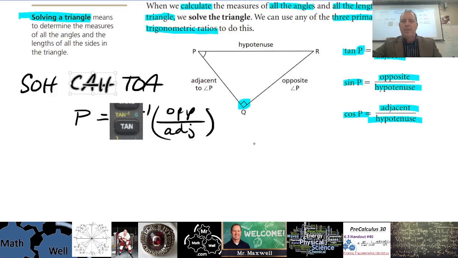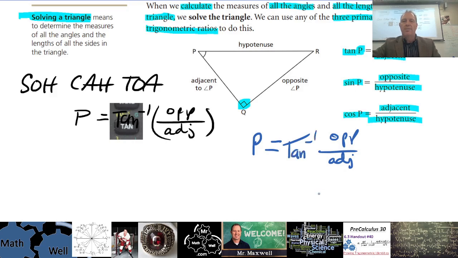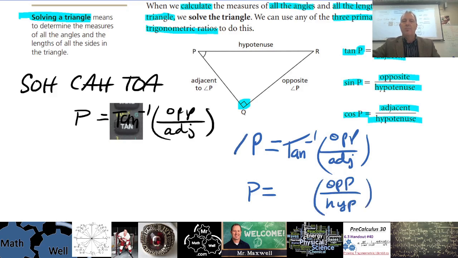So if you're trying to get angle P, and you're given the ratio opposite over adjacent, then you're going to do second function tan. If you're given the opposite over hypotenuse, then to find the angle P, we're doing second function sine.